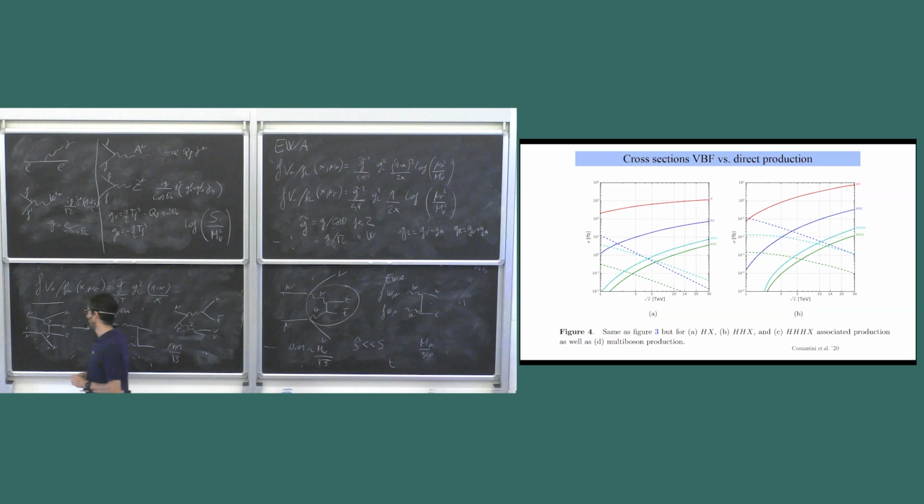When you take an amplitude, sometimes you have diagrams that you cannot separate exactly because of gauge invariance. But if you are interested only in the collinearly enhanced contribution, those are separable.